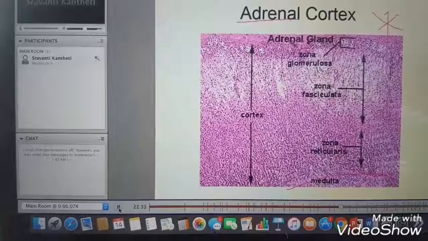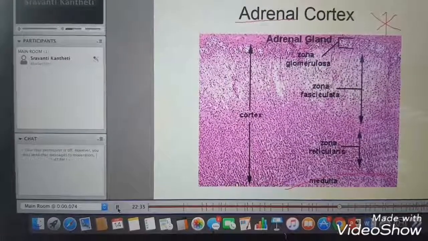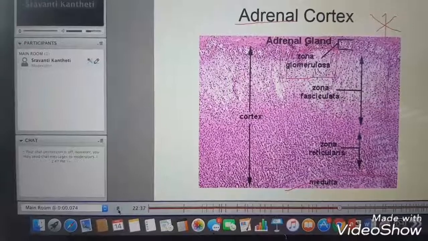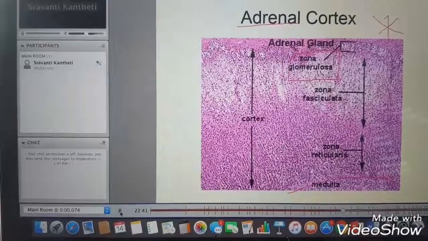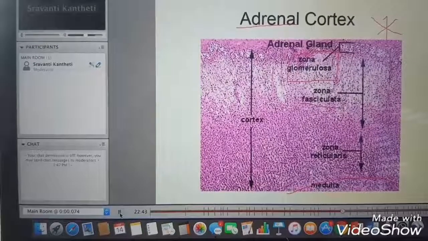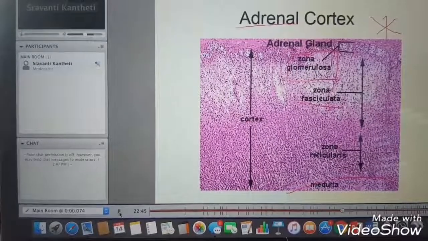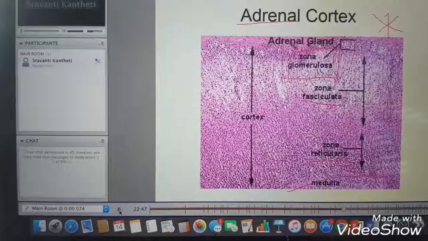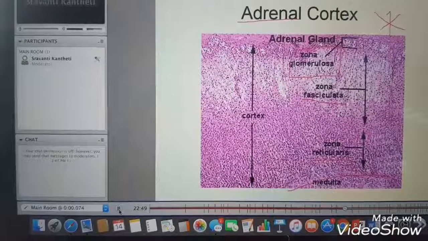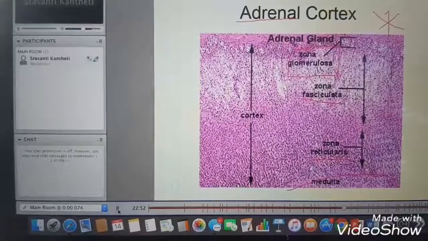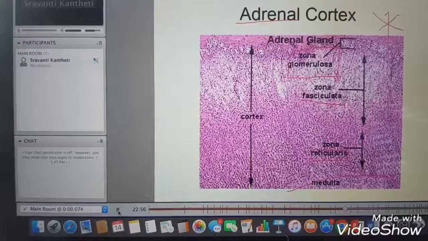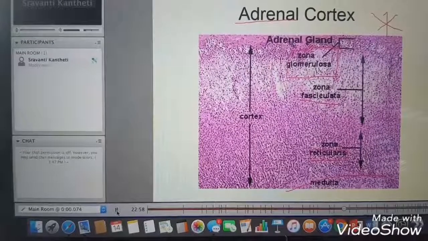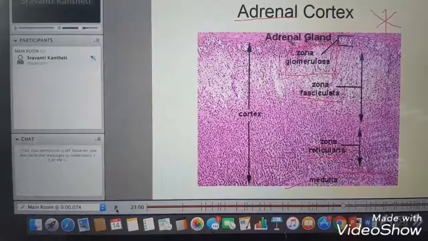So, all right, on the top or most superficial, we have the zona glomerulosa. Then we have the zona fasciculata and the zona reticularis. So I want you to actually look at the presentation here. The term reticular means network of fibers. Anytime you see the word reticular now, you're going to think network of fibers.